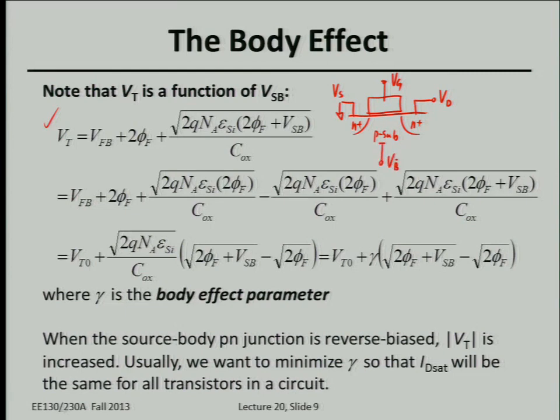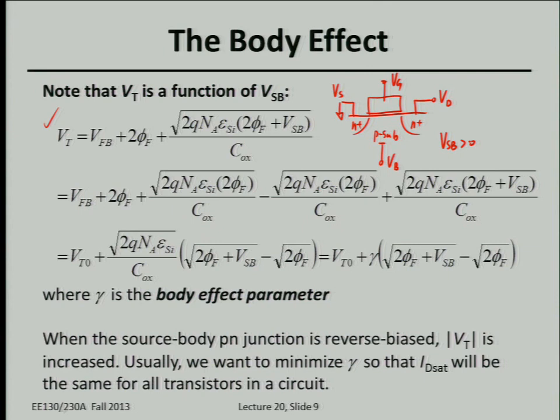So you're going to have substrate bias not equal to 0, that is, the source and the substrate are not grounded together. So this condition appears: VSB larger than 0.